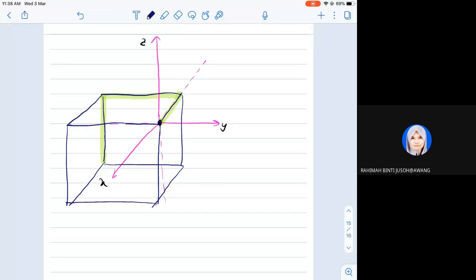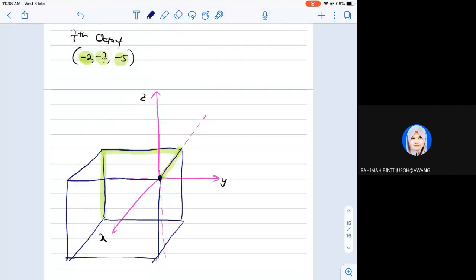Kejuruteraan you all ambil dulu masa form 4. Okay, so now where's the position of the coordinate? -2, -7 and -5. Position dia kat sini lah kan? -2, -7, -5. Okay, now my question.